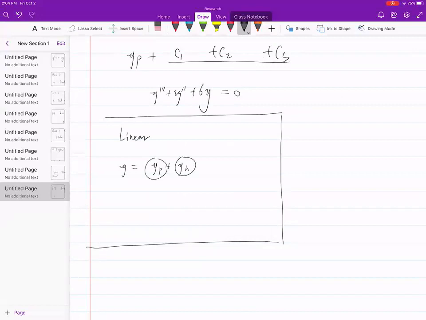But they will be in the form of a linear combination of only a few functions, which come from the null space. Linear combination of the solutions of the homogeneous equation. That's the key. Okay. That's all for today.